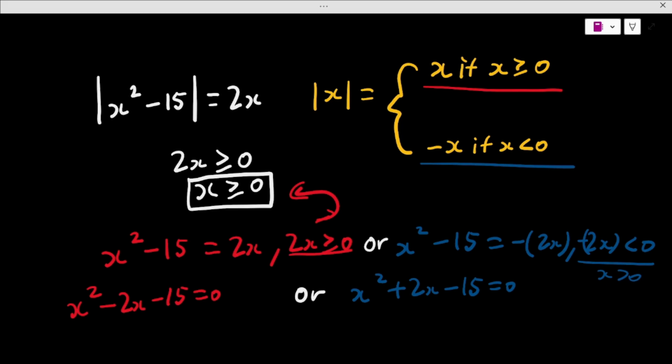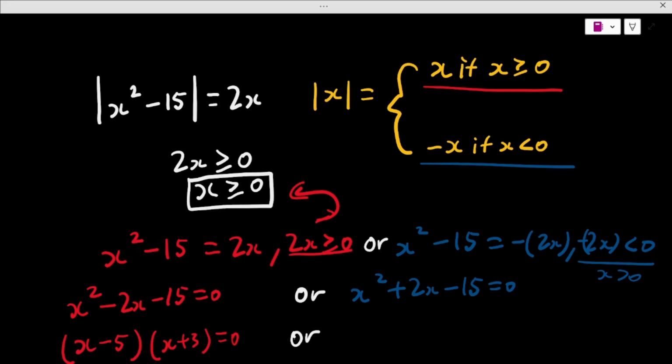Now let's factorize the red equation. What factors of negative 15 when added together give us negative 2? Well, we know negative 5 plus 3 is negative 2. So x minus 5, x plus 3 is equal to 0.